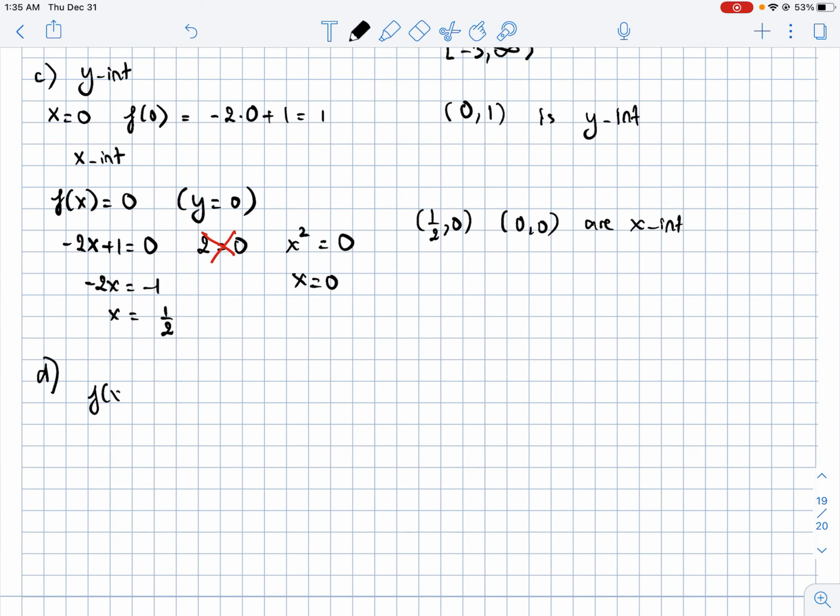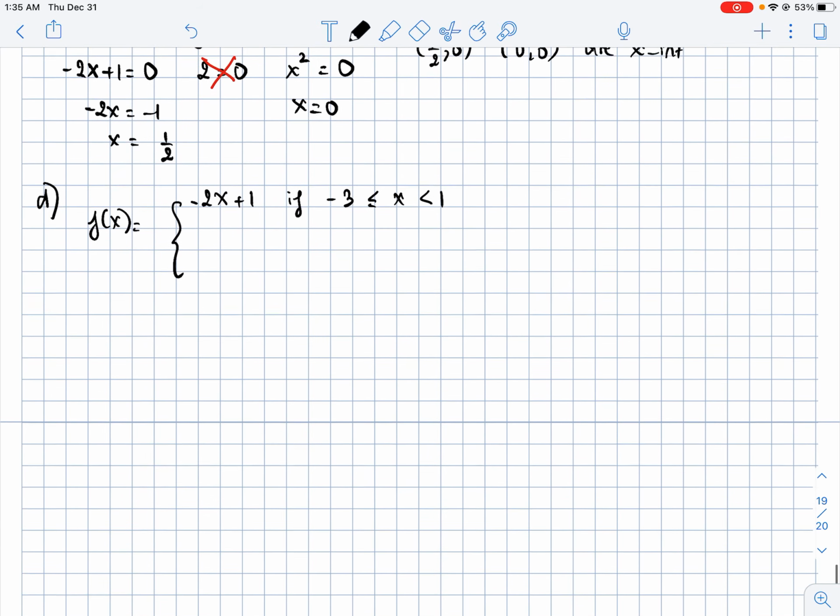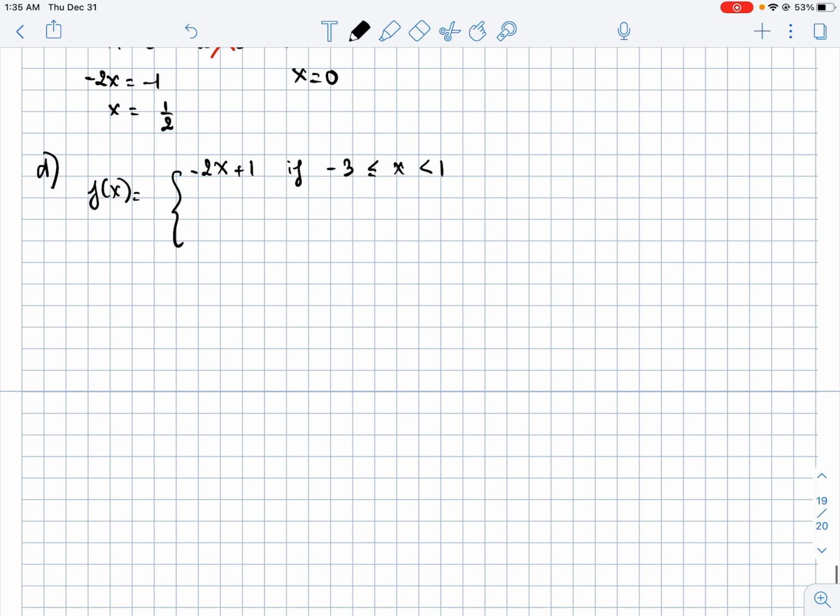Problem D, we want to graph the function f. Let's copy the function f one more time. Negative 2x plus 1 if x is between negative 3 and 1. So this is the first piece, so I will just work on this one first, okay?